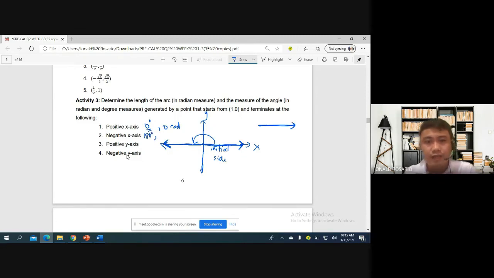Kung i-convert natin yan sa radian, that's pi. Use the conversion: multiply natin sa pi over 180. Cancel nyo lang, ang natira pi. So, pi rad. Okay ba, Jilis? Yes, sir.